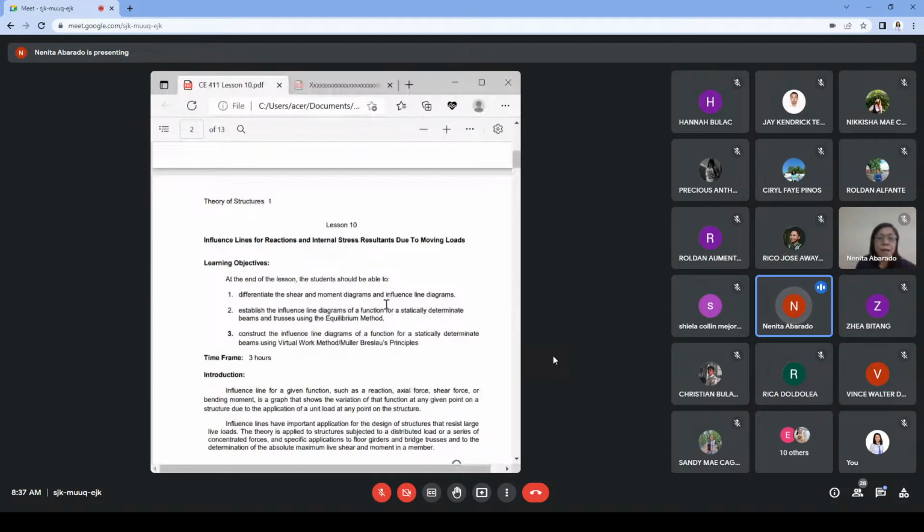Actually, class, when we say function here, ano, nakabutang, establish the influence line of a function. So when we say function class here, it means a reaction, it can also be a shear, or it can also be a moment. Okay? Any question?